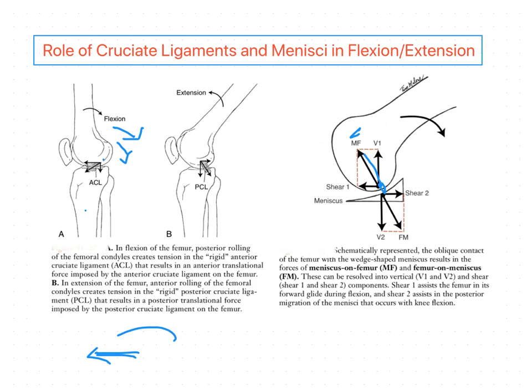Because of this contact, the meniscus has deformed, and this contact creates some shear force which helps in the anterior gliding of the femur during flexion.